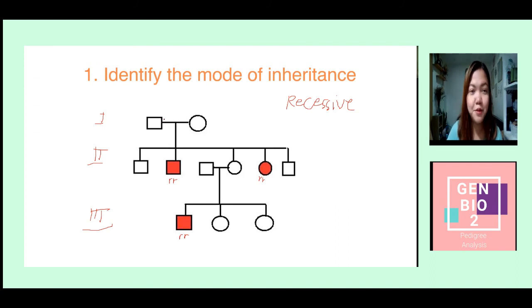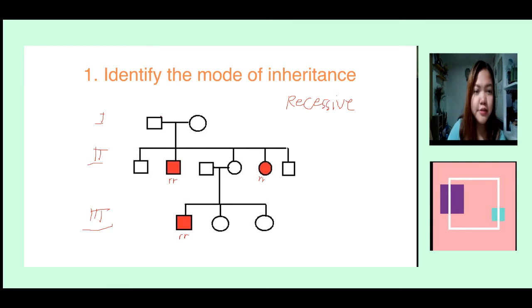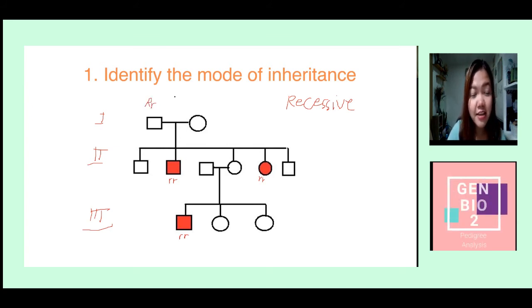Now, paano natin malalaman yung genotype ng bawat individuals? Start tayo dito. Since itong parents na meron silang offspring na affected and unaffected, safe to say that they are both hetero. And their offspring can be hetero or homo. Hetero or homo sila since unaffected sila eh.